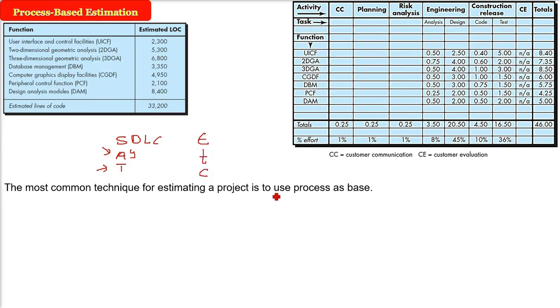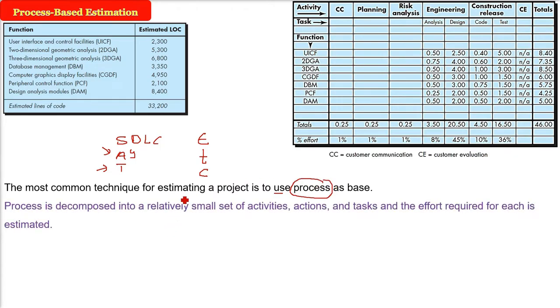So the most common technique for estimating a project is to use the process as a base. Like we were using the function points, like we were using the lines of code, we can use the process. So in a normal SDLC, we start with the requirement analysis, requirement engineering.